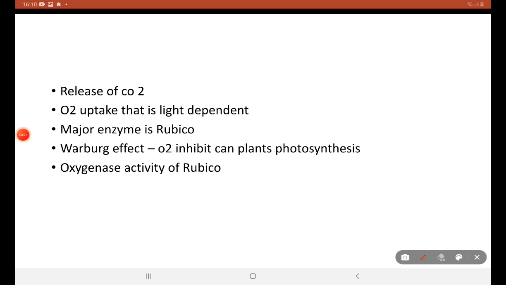First we will see what is photorespiration. Photorespiration is a process in which plants take up oxygen and release carbon dioxide. It is a unique process that occurs mostly in C3 plants.